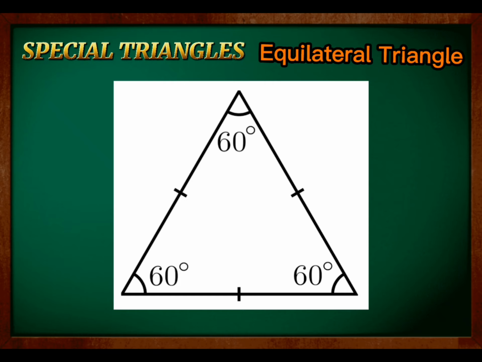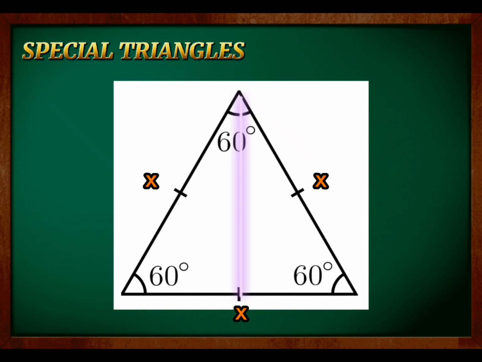Now let's say that all sides are x because they are equal, and when we draw a 30, 60, 90, that means there is a right triangle.